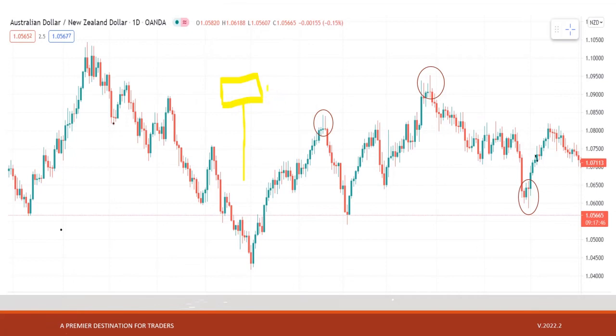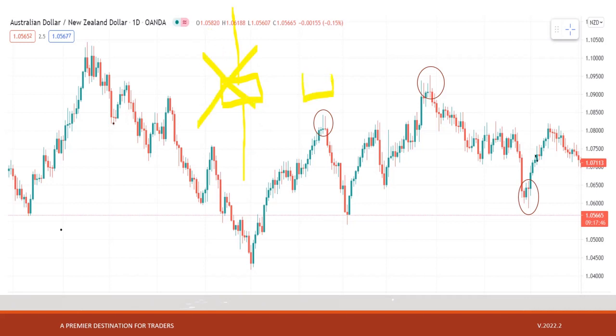Now, there's no exact rule as to how you would consider a pin bar, but this is just a general overview, my perspective. If, for example, the upper wick is like this, it is not a bullish pin bar. The upper wick needs to be small, at least compared to the body of the candle and compared to the lower wick, right? So this is not a bullish pin bar, right?